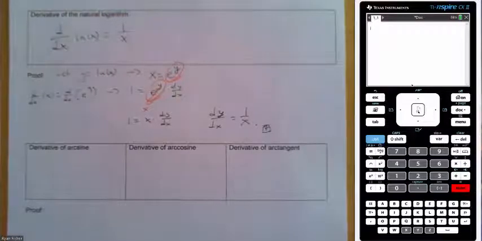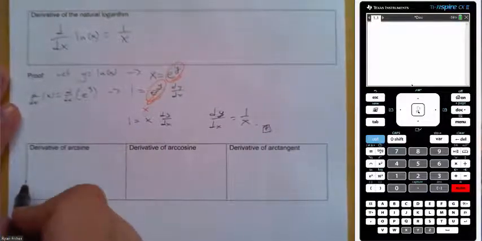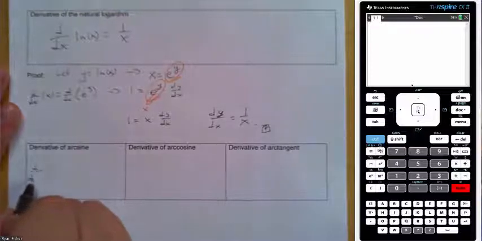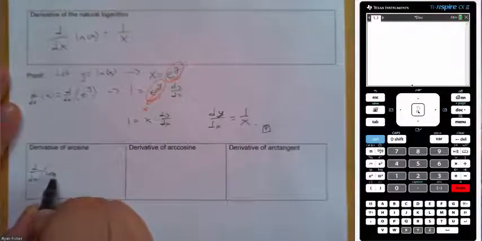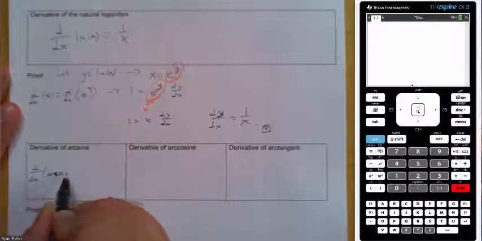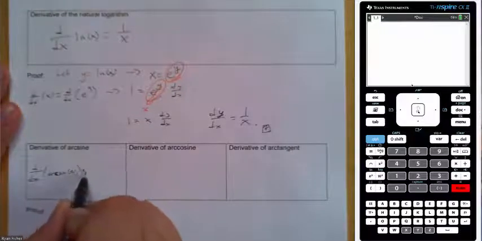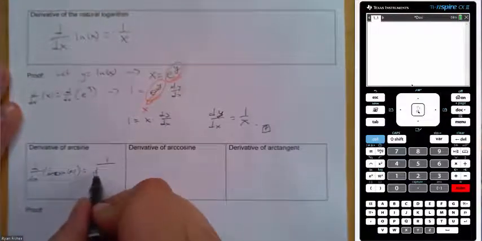I'm going to state these rules first, and then we'll derive one of them. We'll figure out how to come up with the derivative rule for arcsine. If you recall from AP Calc, the derivative of arcsine, or inverse sine, is positive 1 over the square root of 1 minus x squared.